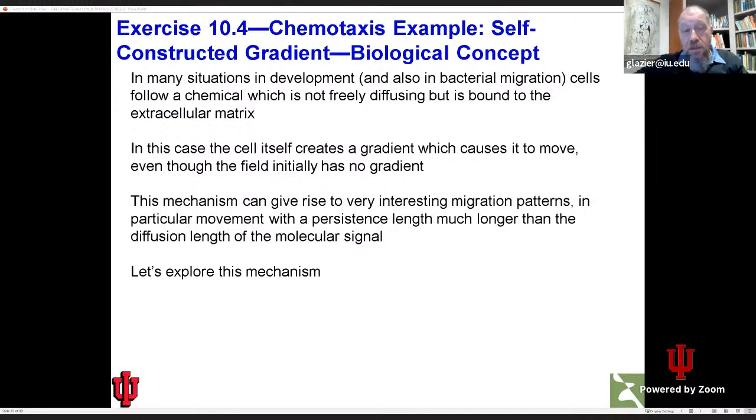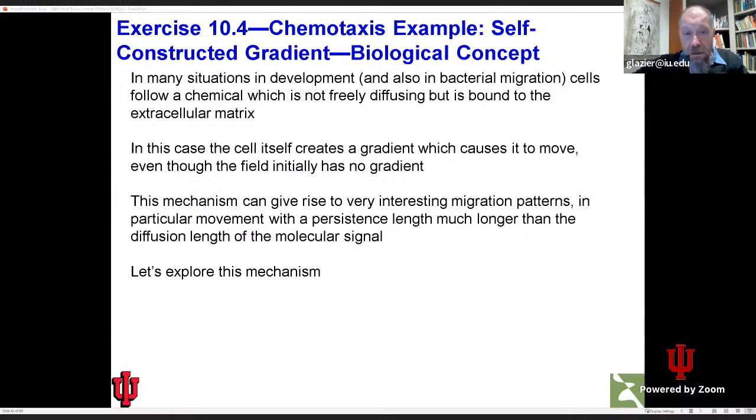So suppose that it's also the idea of digging your own hole. Suppose that I have a chemical that's not diffusing, that's bound to my extracellular environment, it's bound to my outside. And suppose that I eat it. This could be a bacterium eating nutrients, or it could be a cell taking a signaling molecule out of its environment.